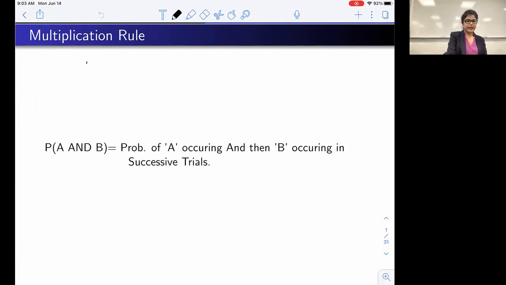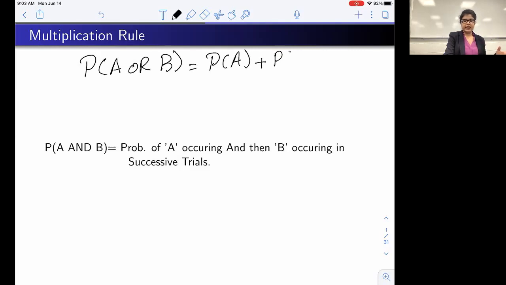So we write it in this form: probability of A or B, A event or B event. Then we discussed how we calculate this probability: we add the probabilities of each event, probability of A and probability of B, and then we subtract the probability of A and B.